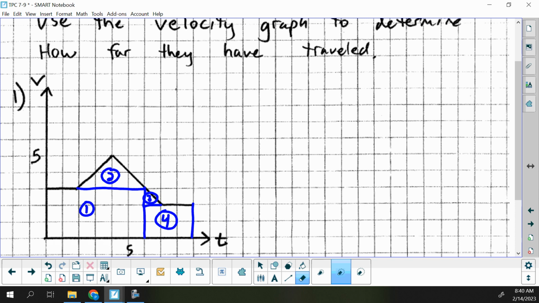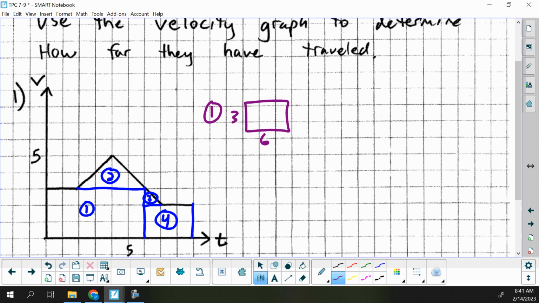Now what we need to start getting away from is just counting boxes, because what you'll notice on this sheet is the scales will sometimes change. So we want to think dimensions of our shape based on the scales. So for area 1, we've got a rectangle. Based on our scale, we have a base of 6, and we've got a height of 3.